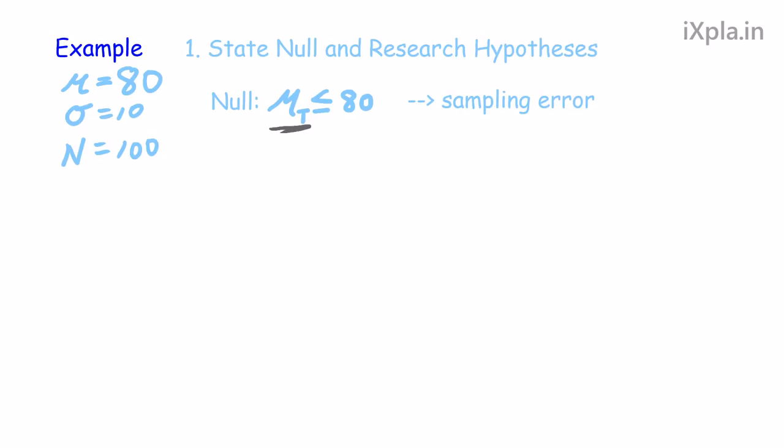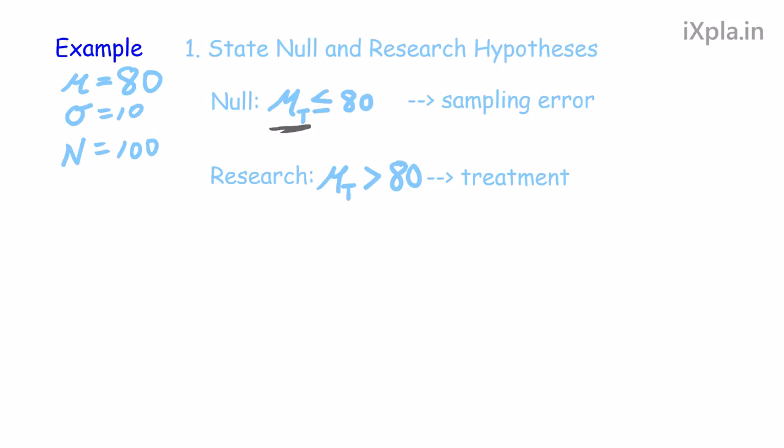We know that it's greater than 80, but we're saying it's not really caused by the treatment. It's really caused by sampling error. The research hypothesis is saying the opposite. The research hypothesis is saying that the mean of the treatment is going to be greater than 80.